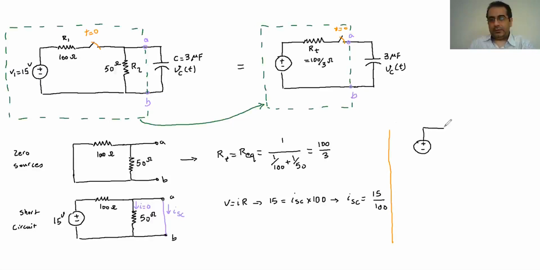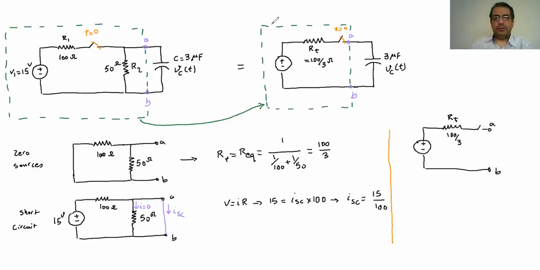We have the RT, which is 100 divided by 3, and then we have the A and B. This is what we want to be equivalent to the one that we have here.